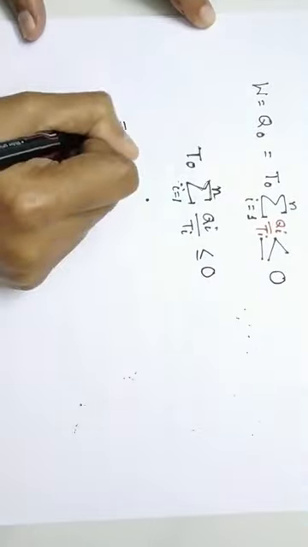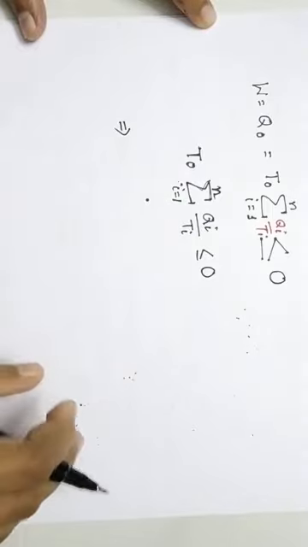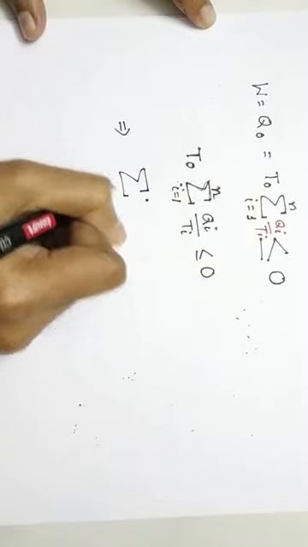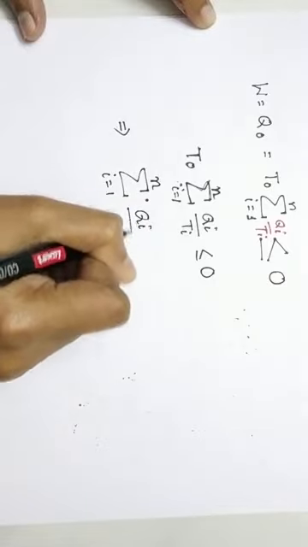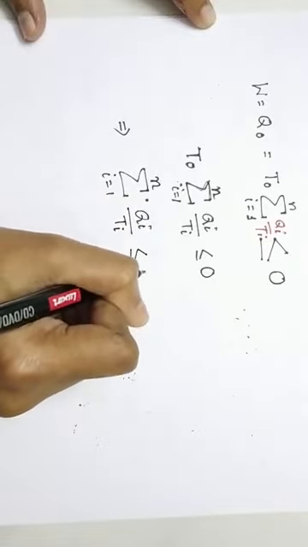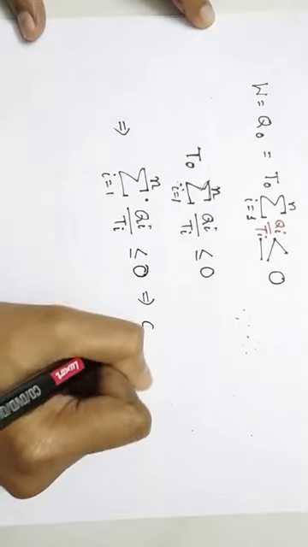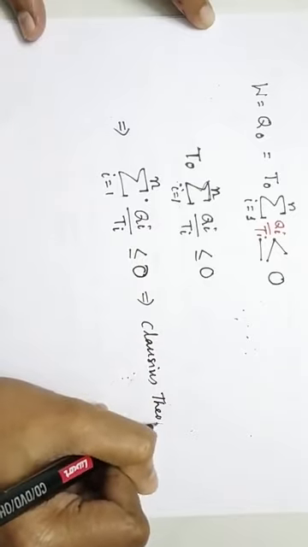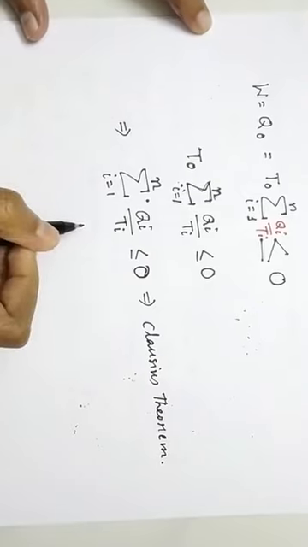Now T0 is the constant temperature of the reservoir. Hence the summation over i equals 1 to n of Qi by Ti is less than or equal to 0. So this is the Clausius theorem. Thus the Clausius theorem is proved.